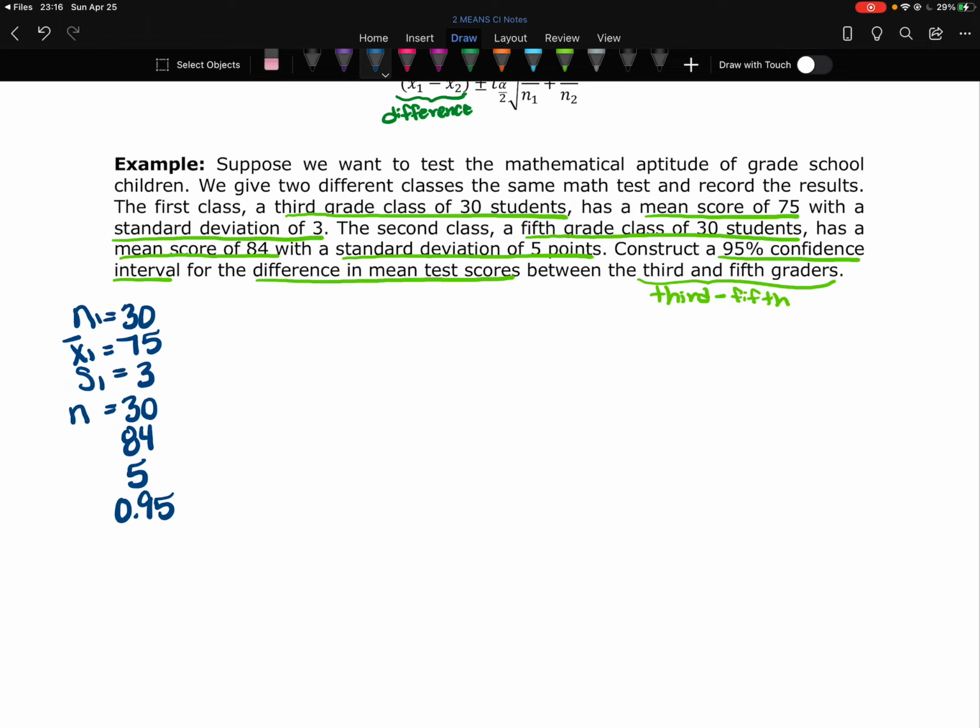The second 30 is the number of students in the fifth grade class, N2. 84 is their mean, X bar 2. 5 is their standard deviation, S2. And 95 is our confidence level.